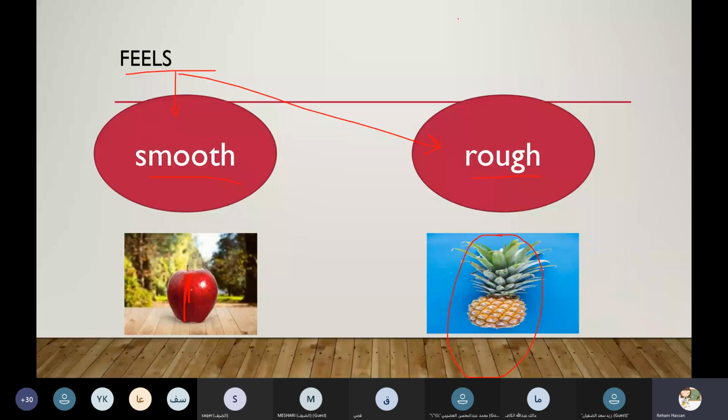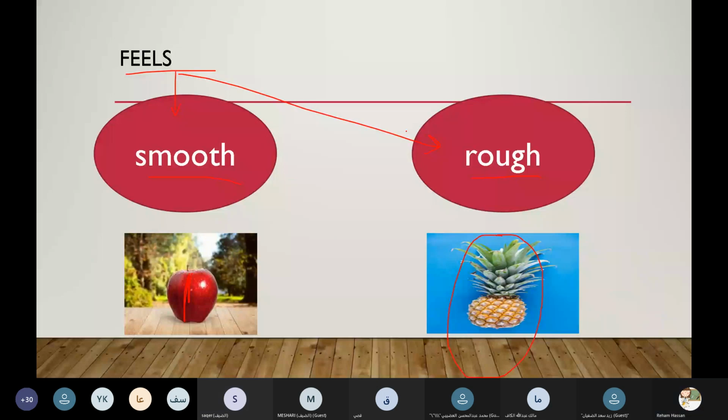Some feel smooth and others feel? Rough. And others feel? Soft. Yes, smooth or rough. Thank you so much, Saqar, super boy.